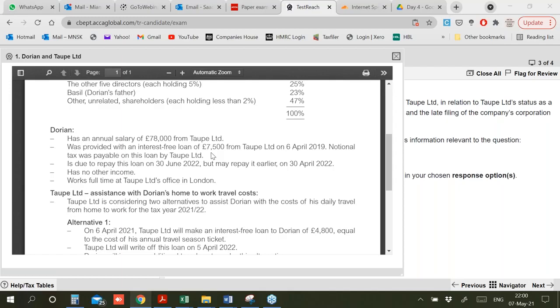Now, D is planning to repay this loan on 30th June 2022, but may repay it earlier, that is 30th April 2022. He has no other income and works full time at T Limited's office in London.